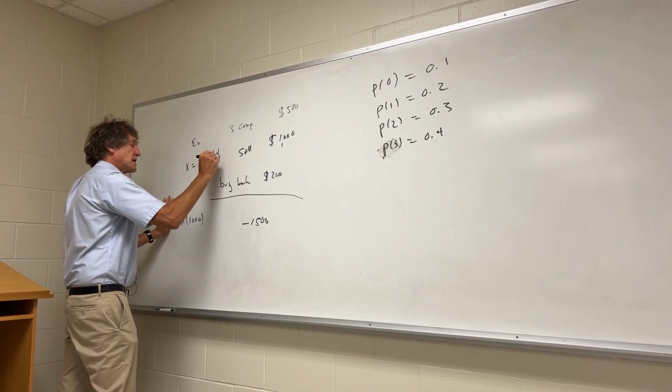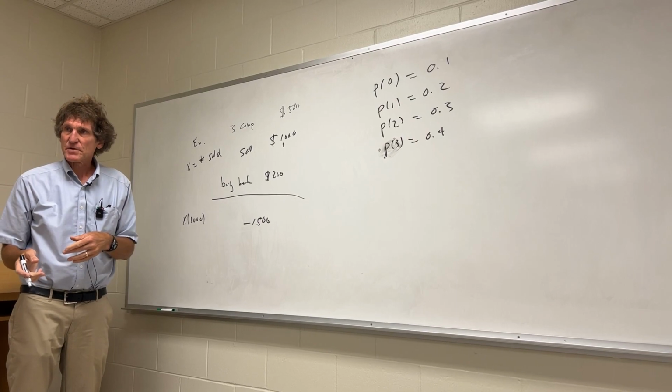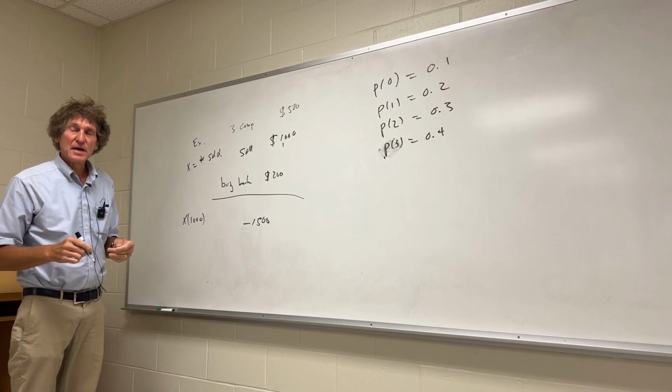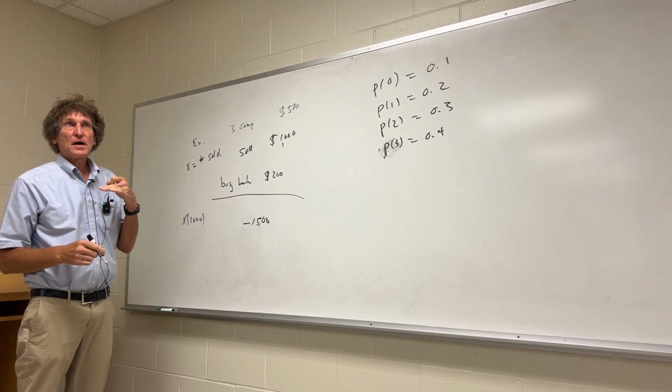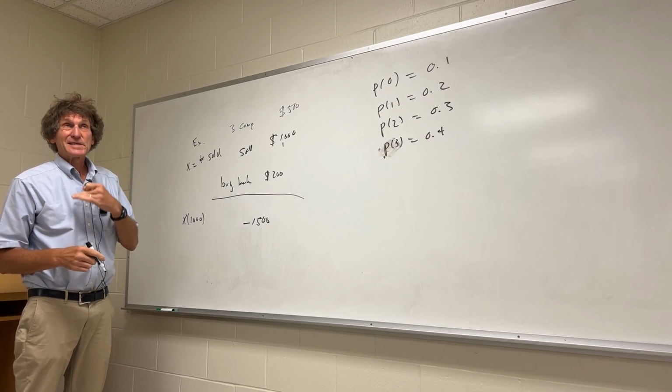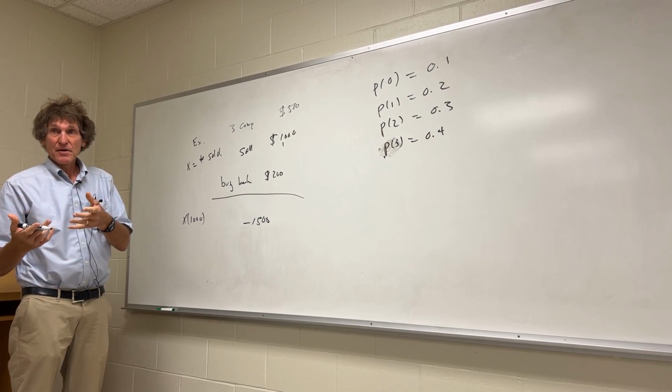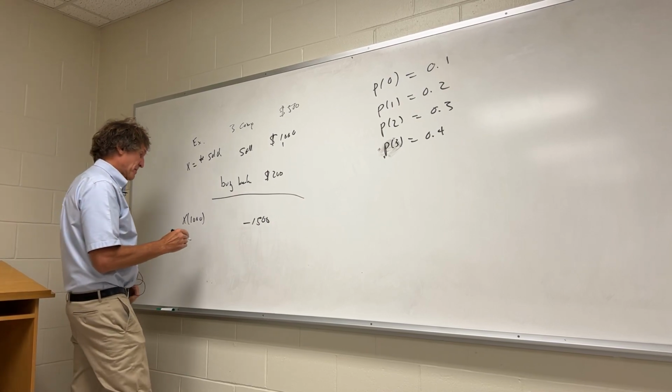I think this is laid out pretty well in the book, but I want to talk about this one because I'm going to mention a few other things. Whatever he doesn't sell is left there and is going to be bought back.